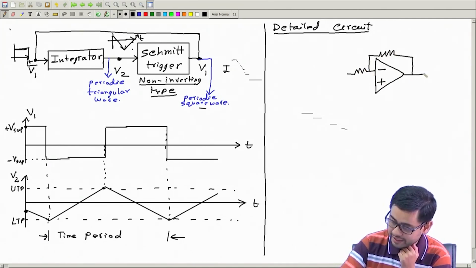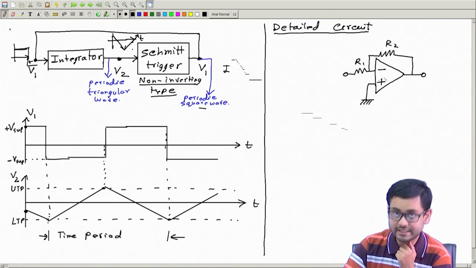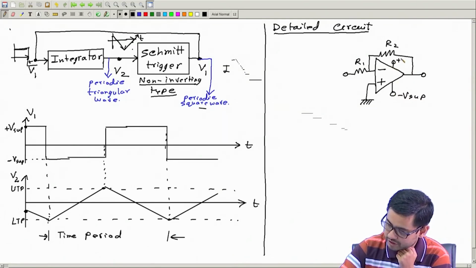This is an inverting amplifier. Call it R2, R1, output, input. This is grounded. Also let me give power supplies, minus V supply, plus V supply.